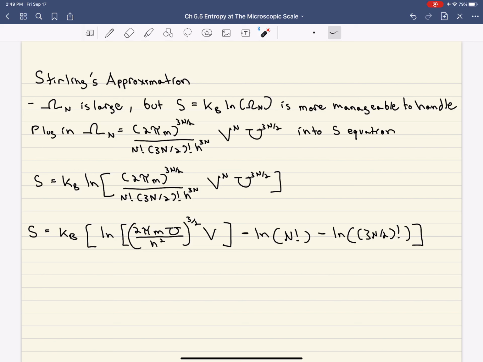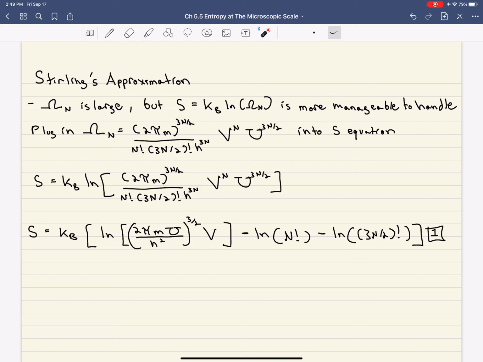In any case, we're taking the natural log of n factorial to make it a smaller number. But the fact that it's a factorial means it's still a really large number. If we're dealing with 1 mole of gas molecules, that means we have Avogadro's number of gas molecules, 10 to the 23.